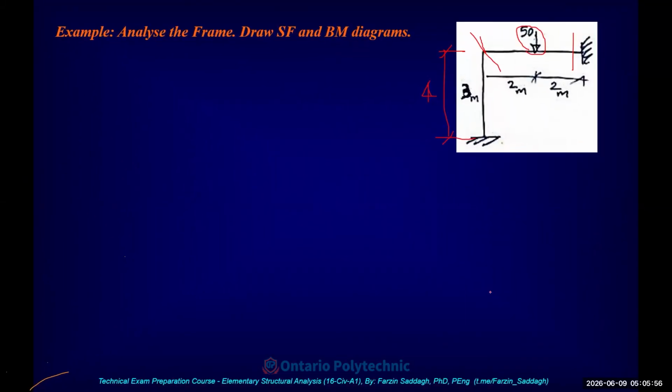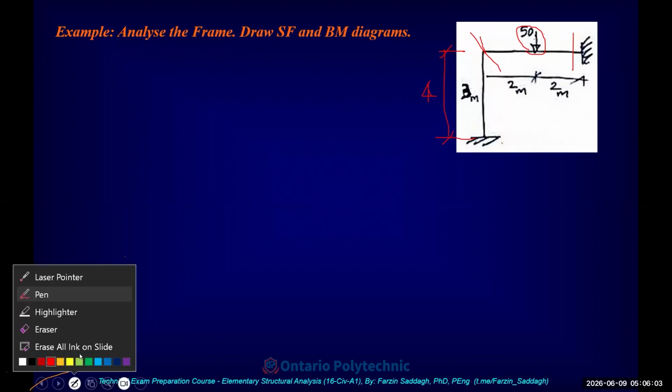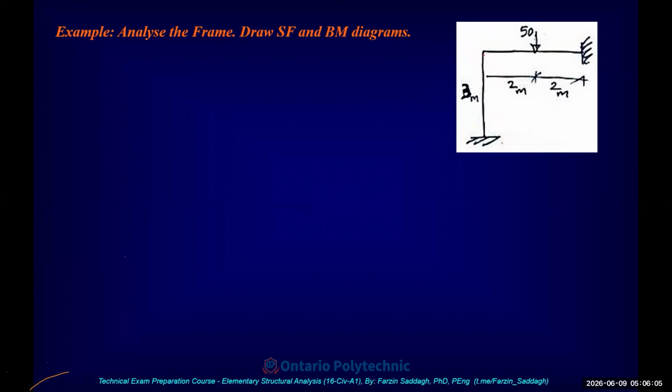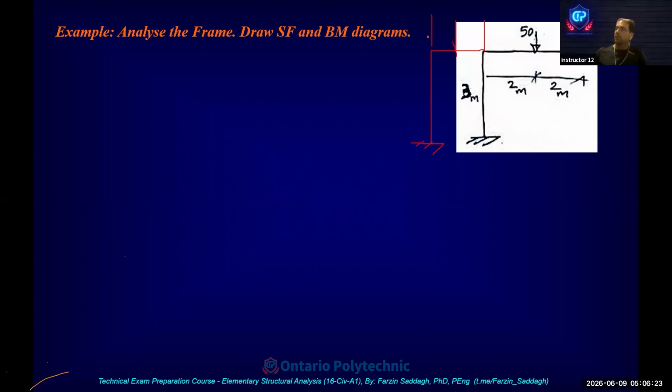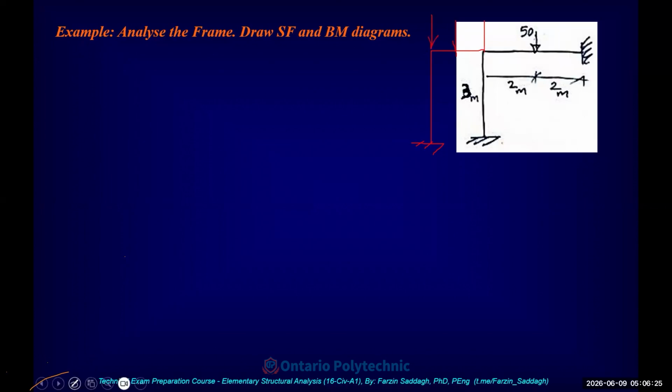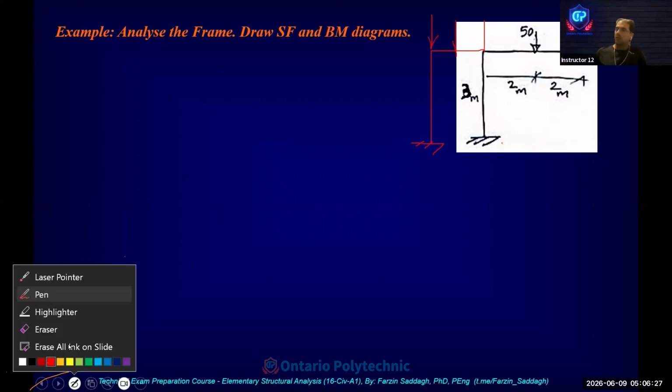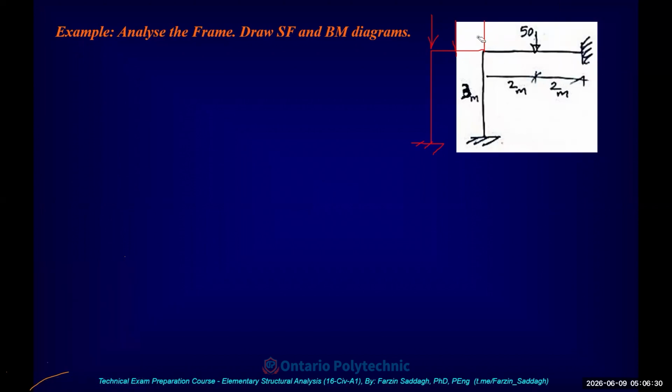Sorry, for this frame, suppose we have another component on the other side of the frame, not fixed at the top. For example, another column that extends down, and we have another concentrated horizontal load on the column, not on the beam. It causes sway in that case.